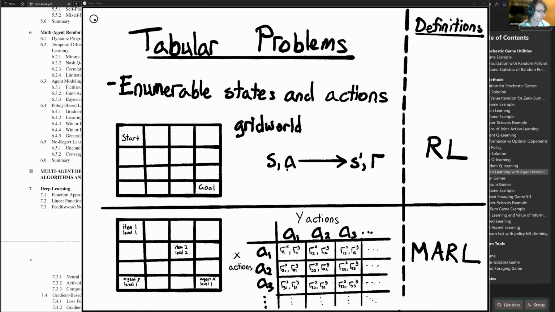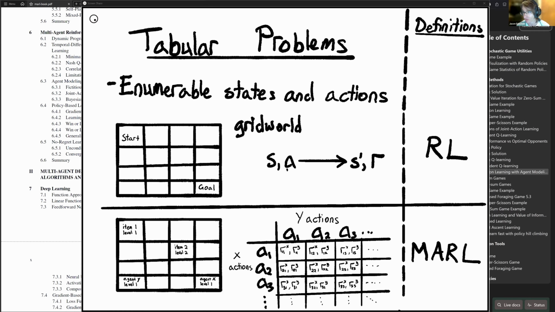But the main difference with the tabular problems in multi-agent learning is that now, instead of just a simple transition, we have a whole joint action transition that occurs, and there is a different reward value for each agent as well. I'm showing a grid of examples of what can happen in a transition in a single state, where we have to define the action selection for the X agent and the Y agent.